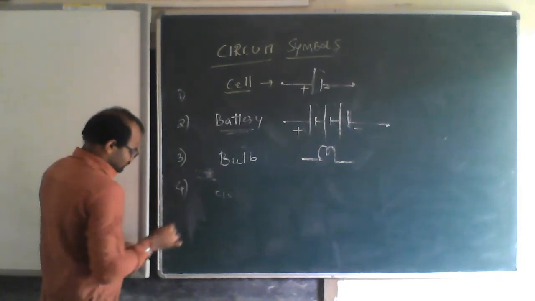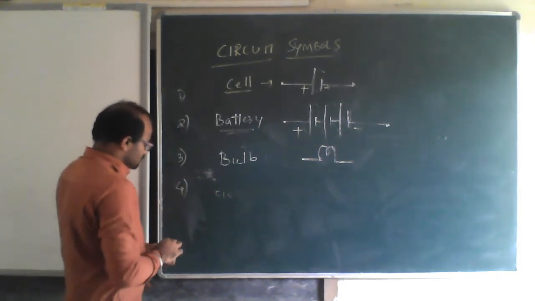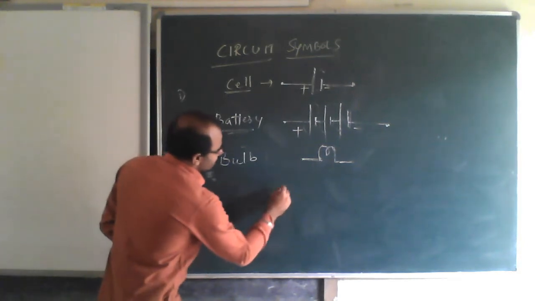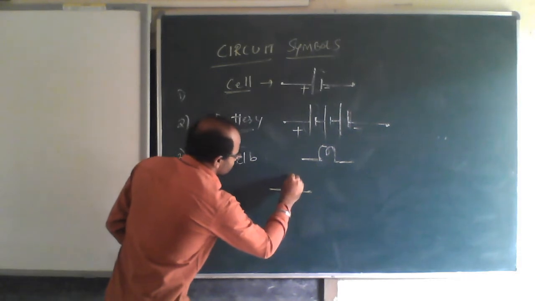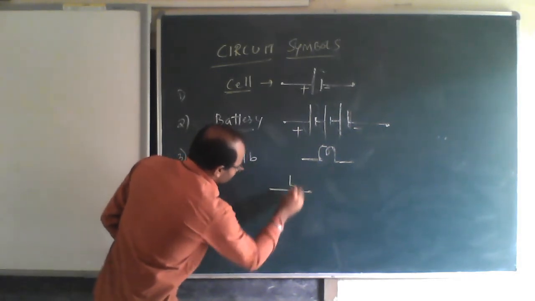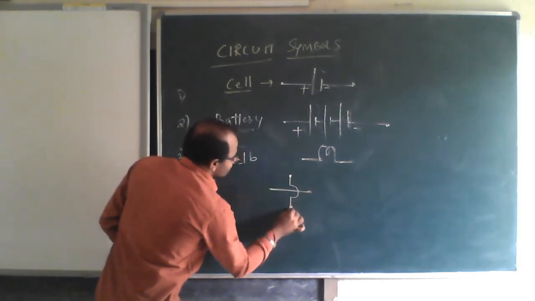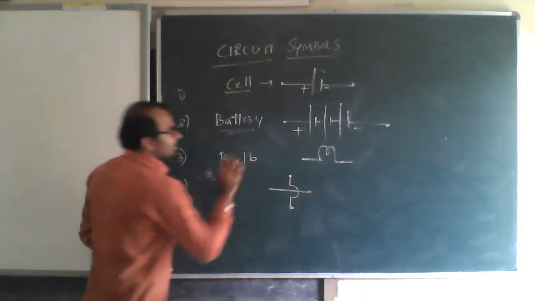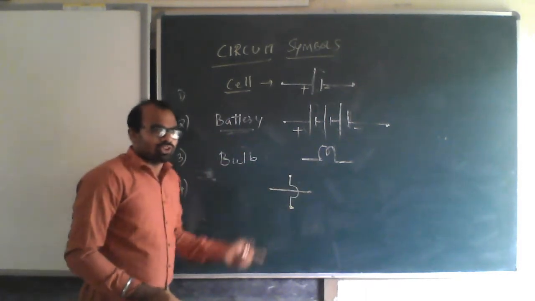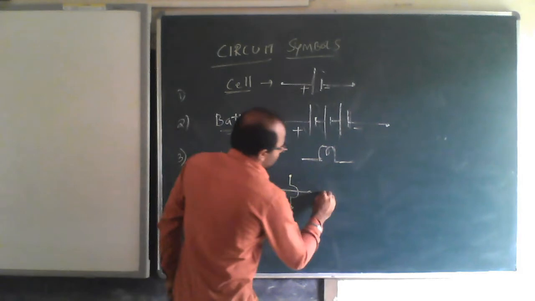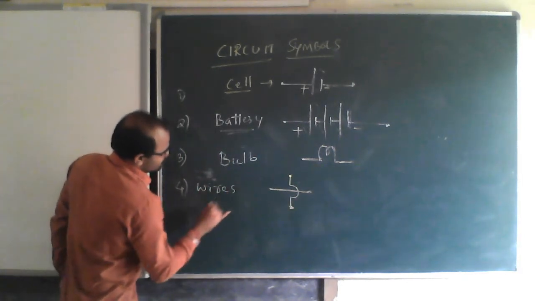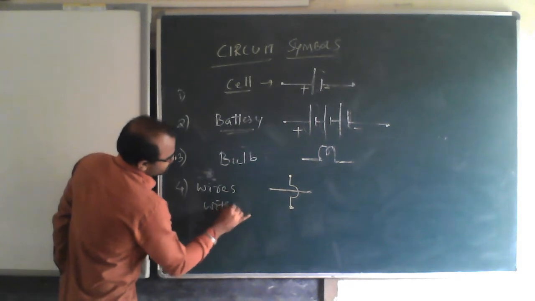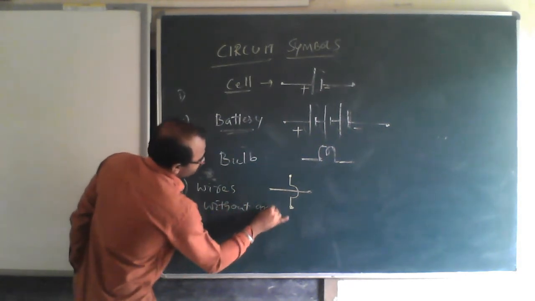Fourth one. Okay. What is fourth one? See, you will see a representation like this. These both are wires. So we call this as wires without any crossing.